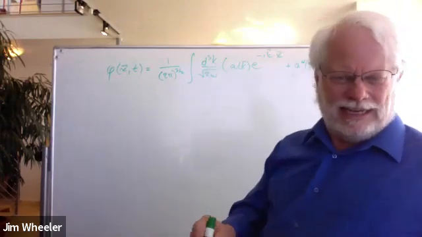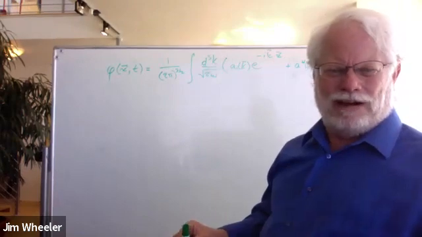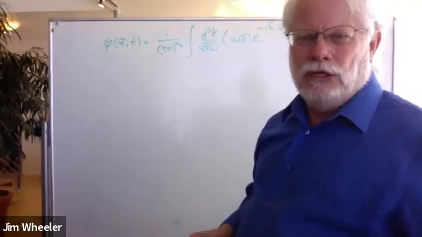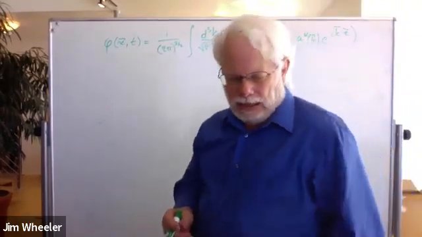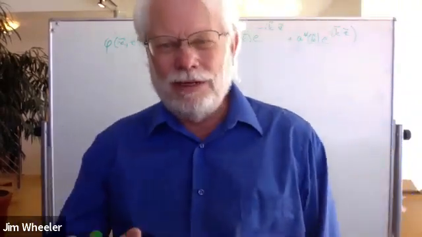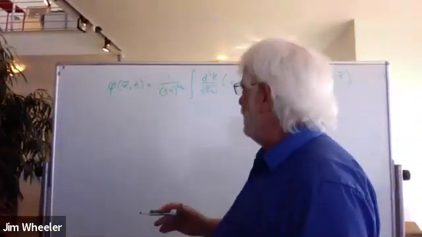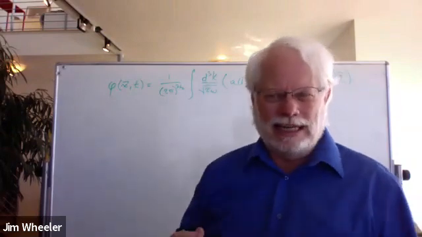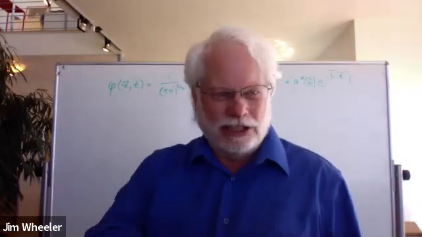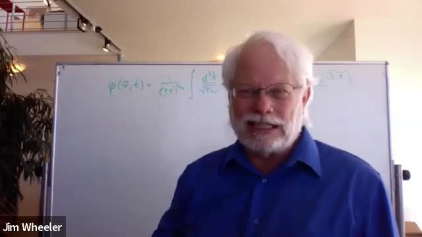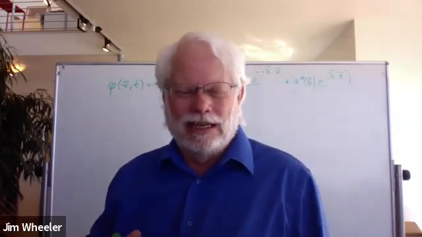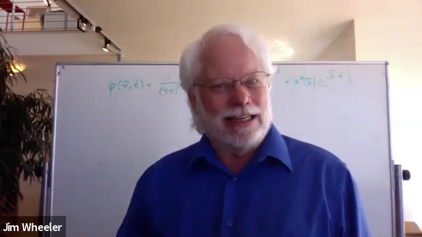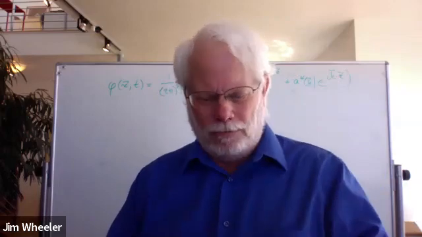Can you see the green okay? Is that showing up all right for you? Okay, good. So what I want to do, we're going to quantize this, and ultimately we're going to show that this A and that A conjugate become A and A dagger and act just like the simple harmonic oscillator raising and lowering operators. That's where we're headed, but I want to do this in a way that makes it clear that that's pretty much the only thing you can do here.